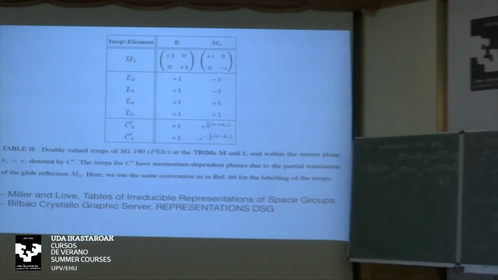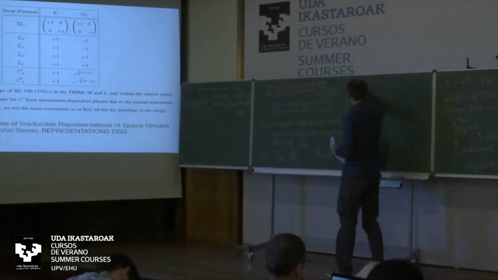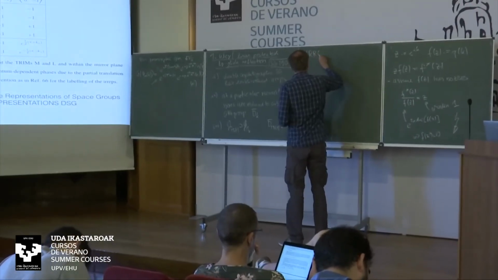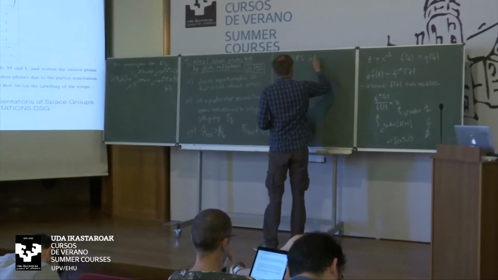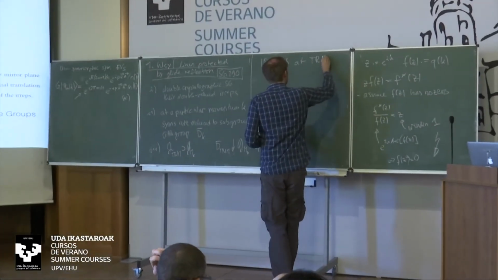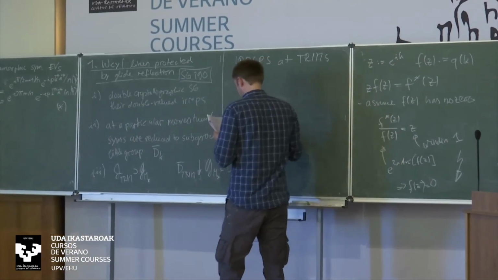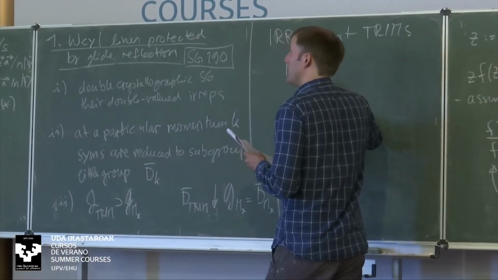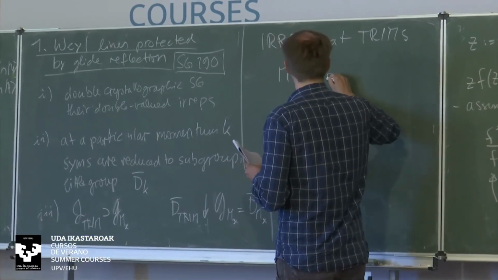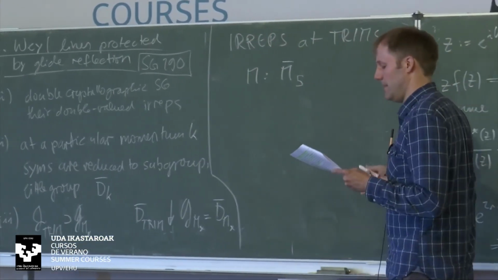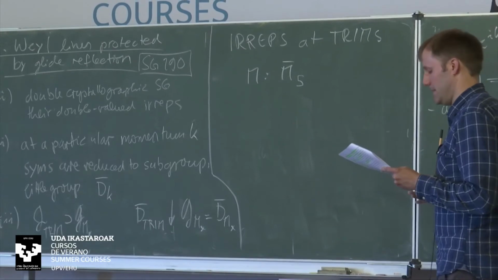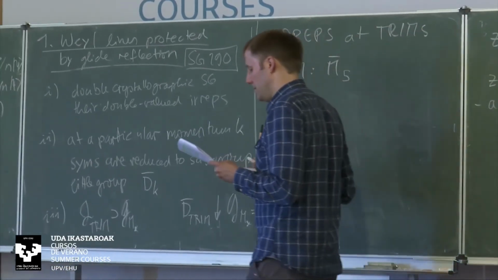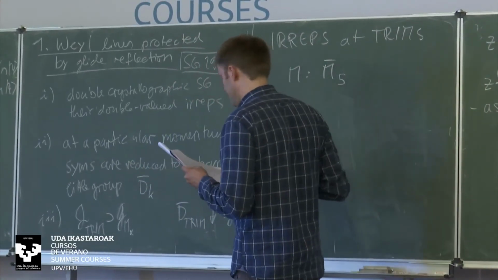So we're going to look now at the irreps at these two TRIMs. At the M point, I have just one irrep, this M bar 5, which is already time reversal invariant by itself because it's given by a 2x2 matrix, which is Schnyder.